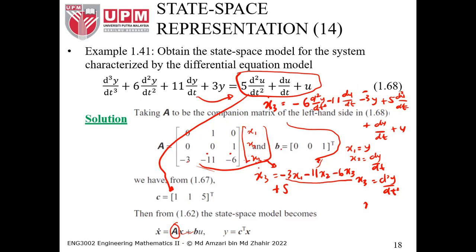So B is 0 0 1 transpose, which is based on u. You have one u here, so automatically 0 0 1 times u. And your y is based on 1 1 5, which is a transpose. So you will get y equal to c transpose x.